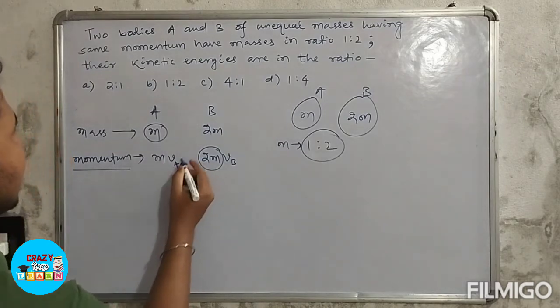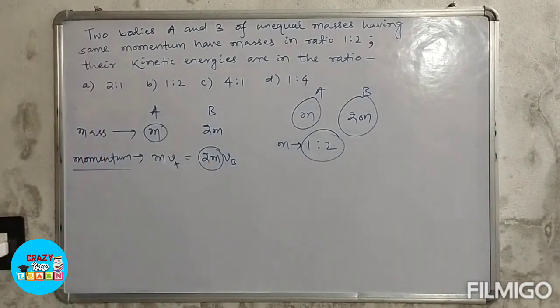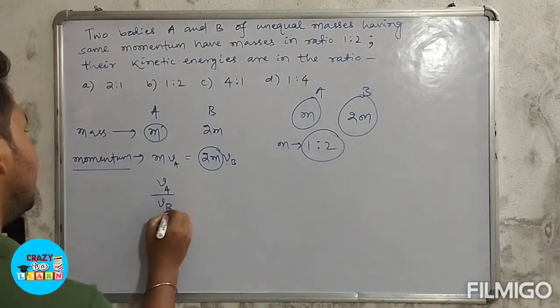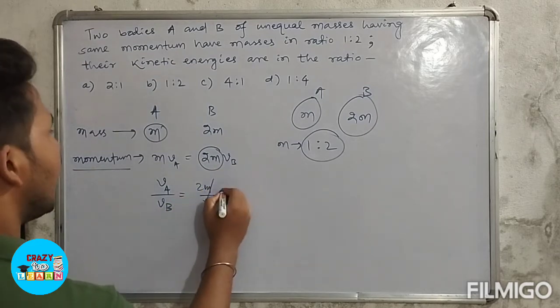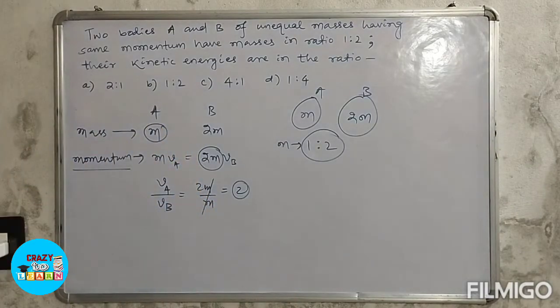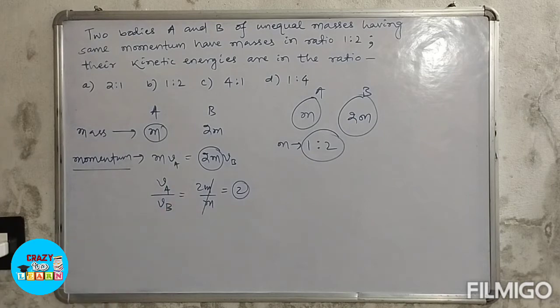That means m va is equal to 2m vb, then va by vb is equal to 2m by m, cancel, that is 2. Velocity A divided by velocity B is equal to 2.